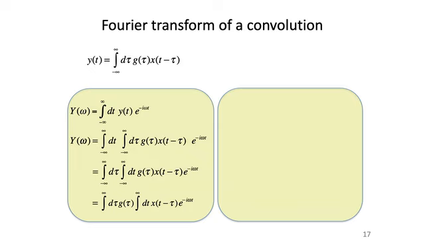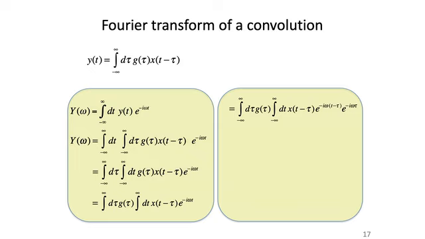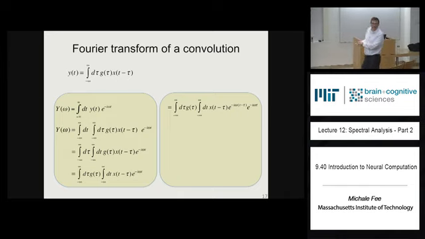And what we can do is a little modification here. We're going to pull an e to the minus i omega tau out of here. So we have e to the minus i omega tau times e to the minus i omega t minus tau. You can see if you multiply those two things together, you just get back to that.